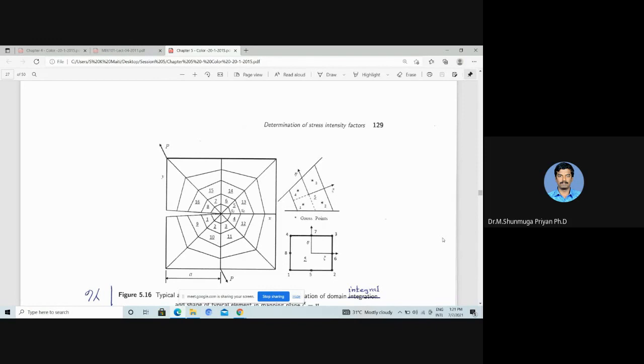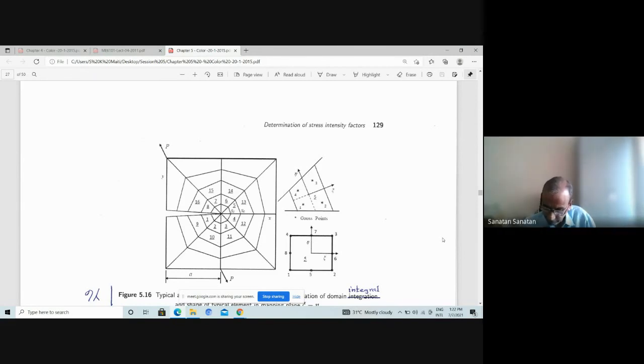Sir, the finite element analysis, normally we call this an approximate solution method. Would it be possible to analyze the crack tip by way of the Gaussian quadrature method? Your voice is getting split, I am not getting clearly what your question is.